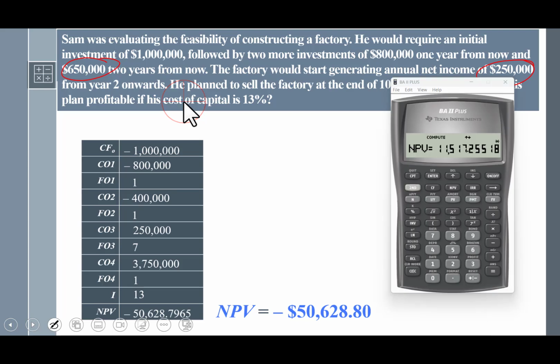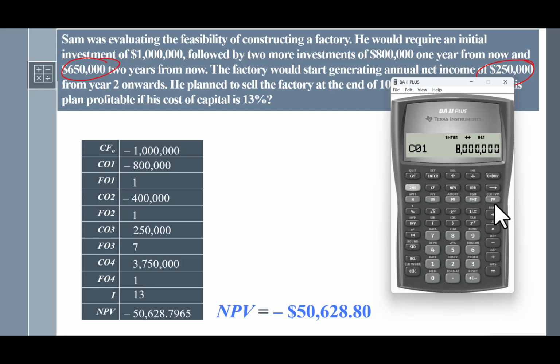Okay, so we have our calculator now. Let's clear work. Go to CV and also clear work. So now we're going to enter the 1 million first. Negative. Press enter. Okay, then we're going to enter 800,000 as the first investment. So the first CO1.